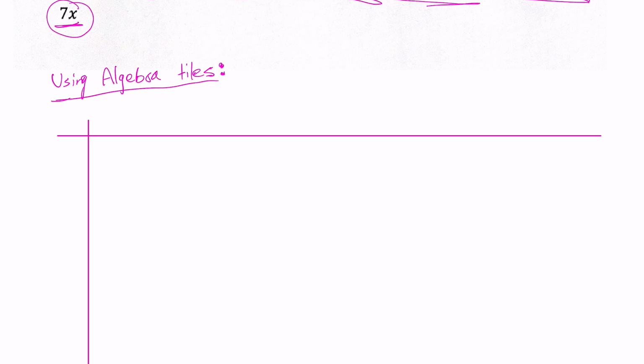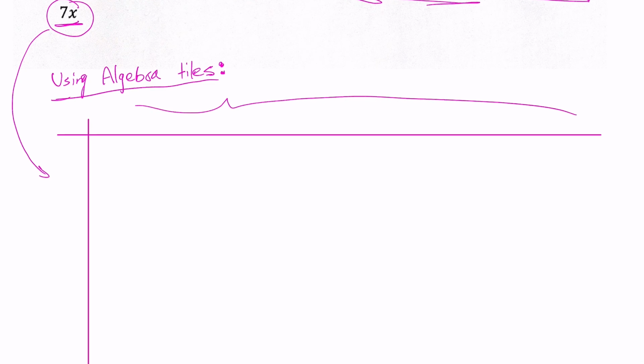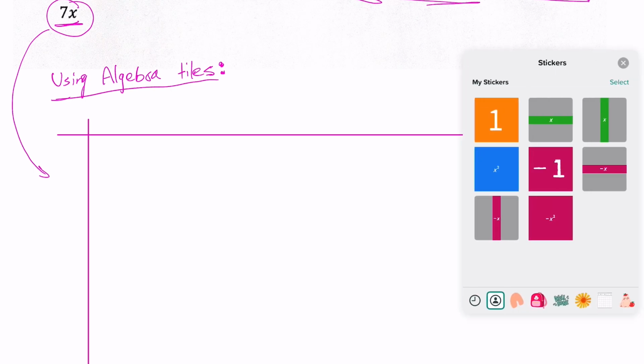Again, my length doesn't have to always go up there. Here, I'm going to choose to put it down here, 7x. That's okay. That just means the width is going to go here, right? That's going to be my question mark. Anyways, let's go ahead and put 7 x's there.